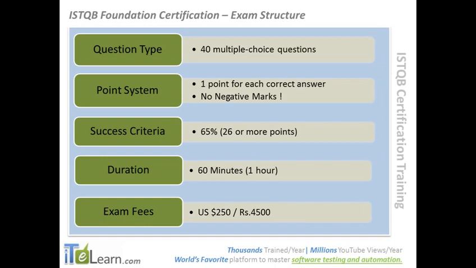And the good thing about this particular test is there are no negative marks. Apart from that, we also have 65% as a success criteria, which means that you should score 26 or more, anything is fine. Duration is 1 hour, and the exam fee differs by location.